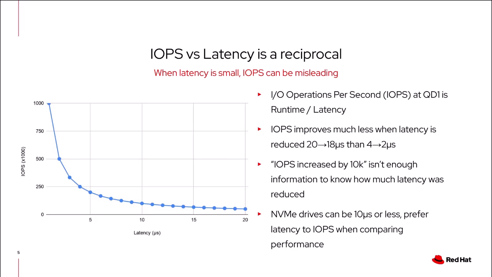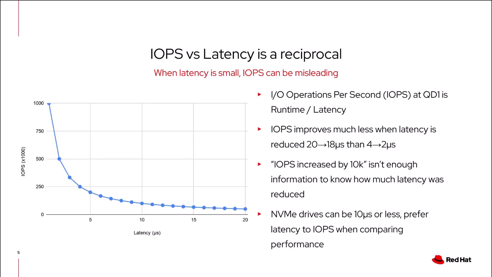If we identify an optimization we could make to make the system faster, say it shaves off 2 microseconds, then we can bring it down to 18 microseconds latency. And the graph shows us how many IOPS we are going to get if we move it from 20 to 18 microseconds latency. Well, that slope is pretty flat over there at 20 microseconds. So actually the number of IOPS doesn't increase that much.